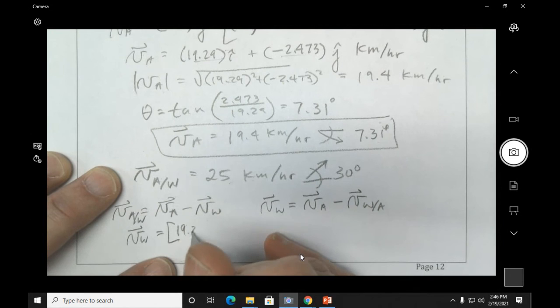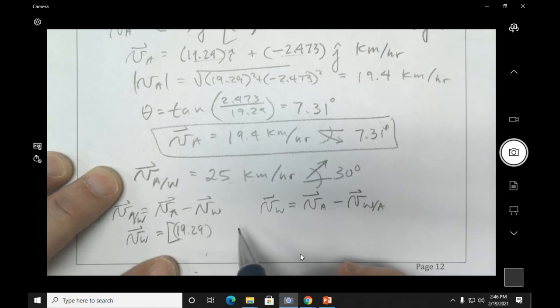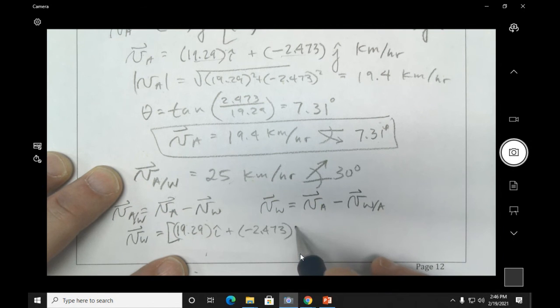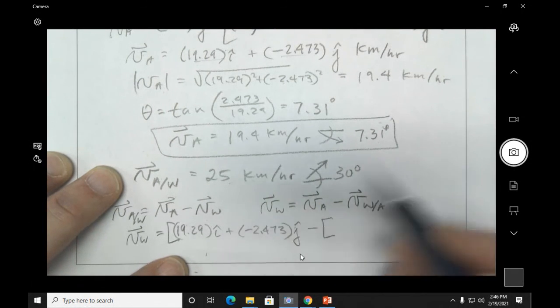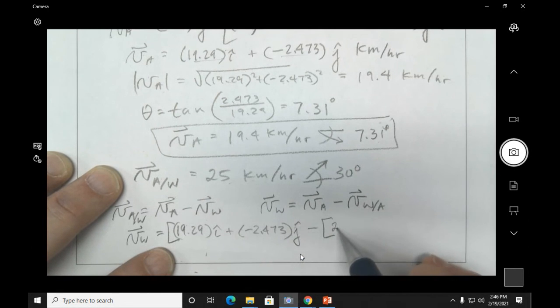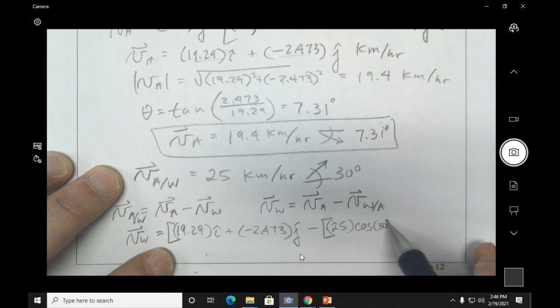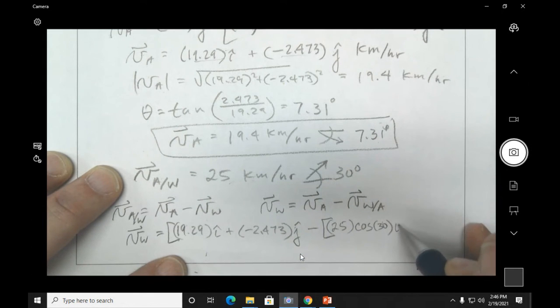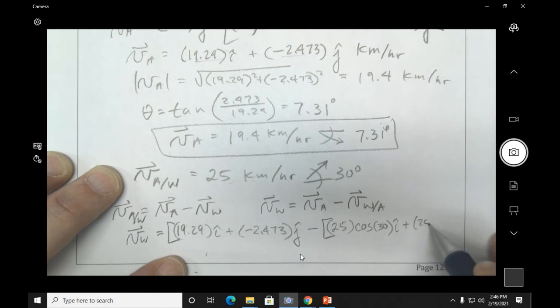I'm going to have 19.29 i, and I guess I'll just go right this way, negative 2.473 j, and then I'm going to subtract out my 25 cosine of 30 i plus 25 sine of 30 j.